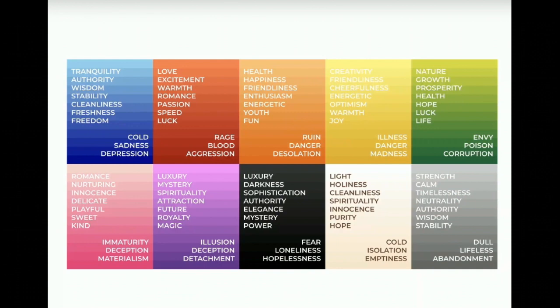On the top right here, you can see the color green with different shades. Anything that has to do with nature, growth, prosperity, health, hope, luck, life is mostly associated with color green.